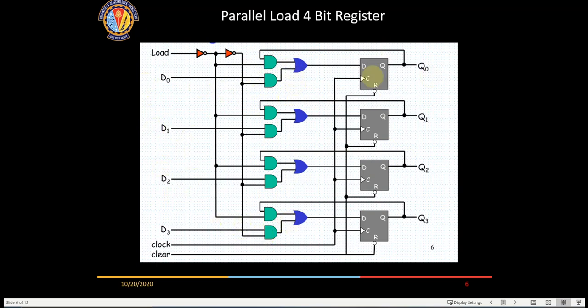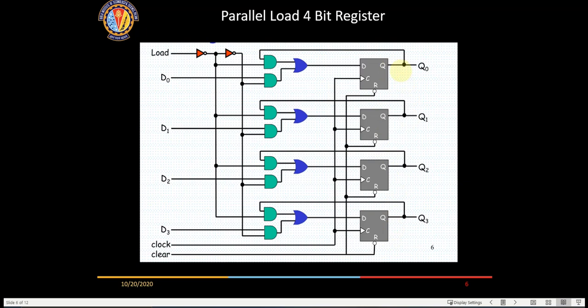So that data will be fed into these registers. This is how, using a load signal, we can feed in whatever data we require. And when the load signal is low, you will form a feedback from Q0 itself. So the same data will be available in these circles.